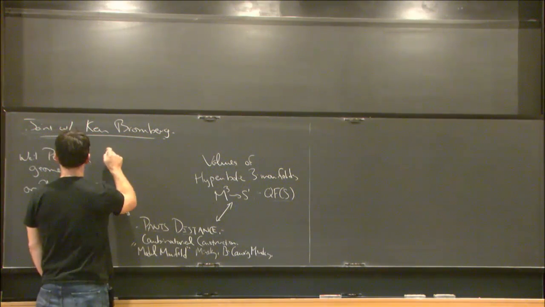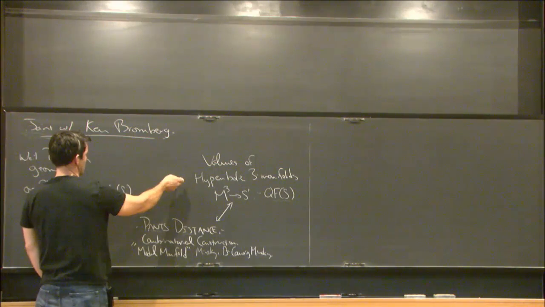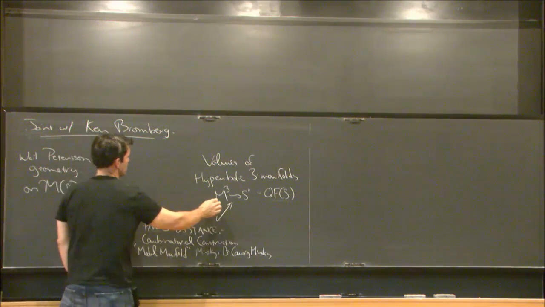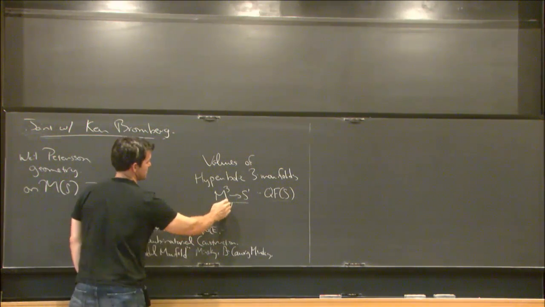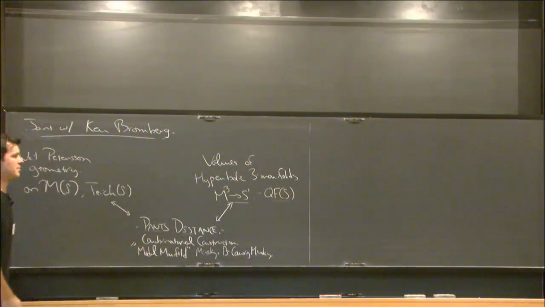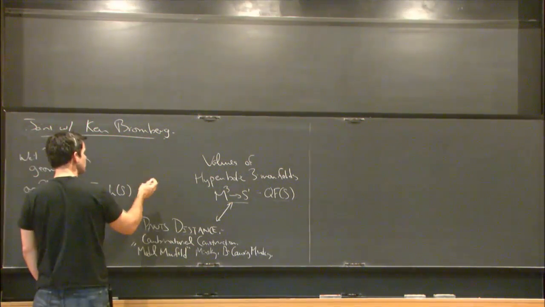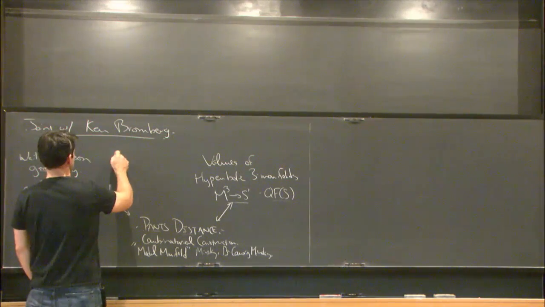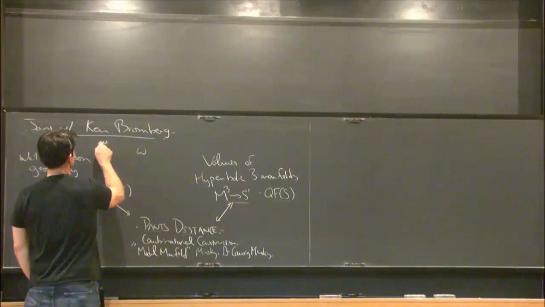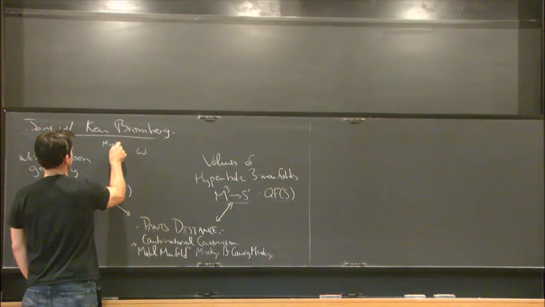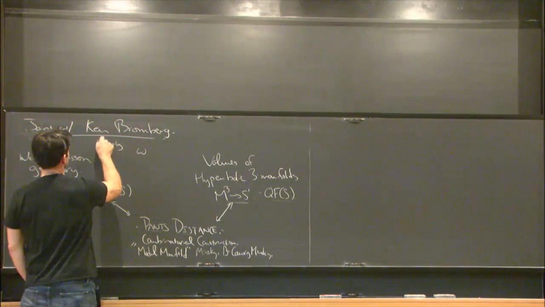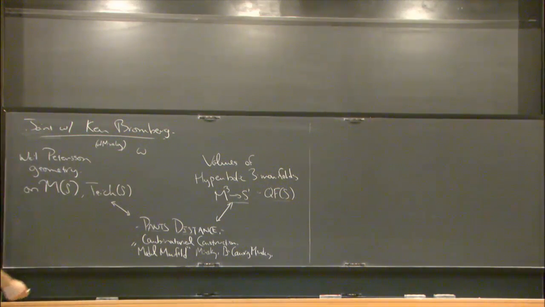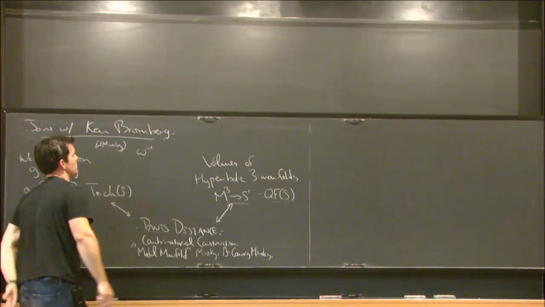And so the study of these volumes, in absolute terms, can also be carried out in the setting of 3 manifolds fibering over the circle, where the same order type holds. And in joint work with Minsky, we showed that in fact the closed geodesics, Weil-Petersson geodesics on the moduli space, have a similar property. One has to be a little careful about the definition. I'll say more about that later.